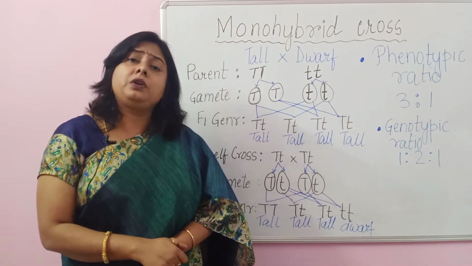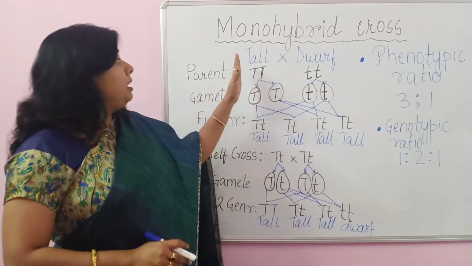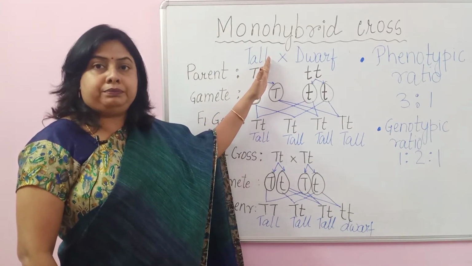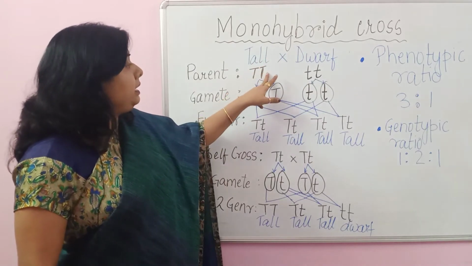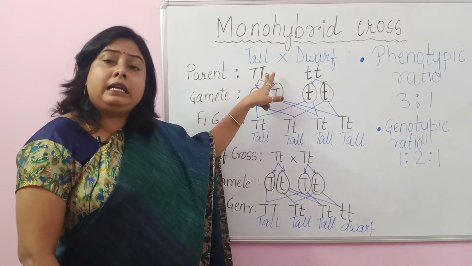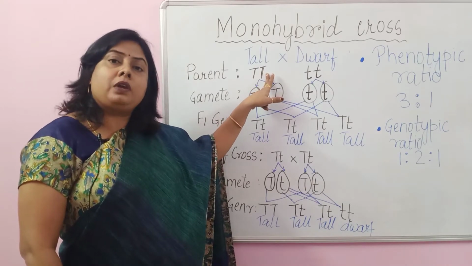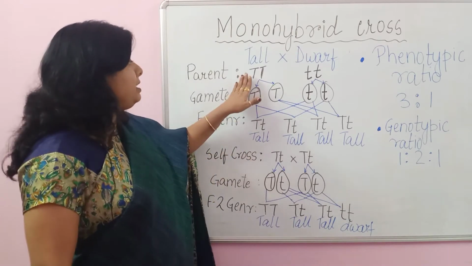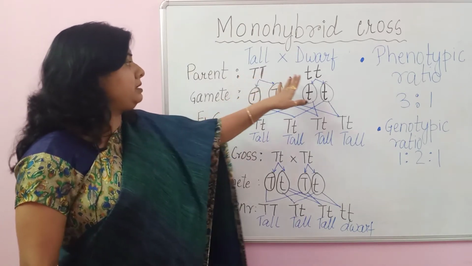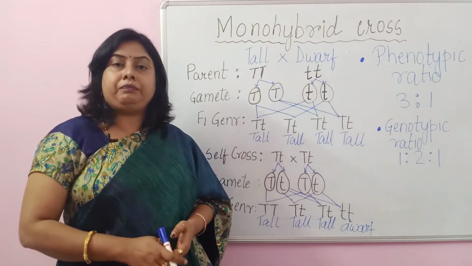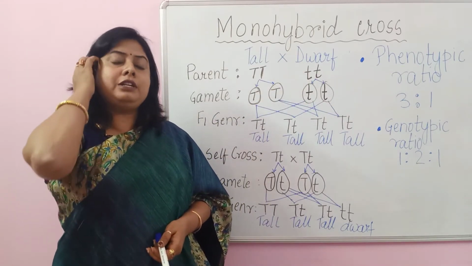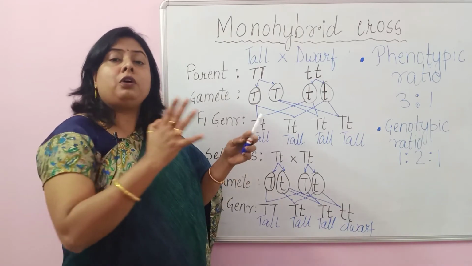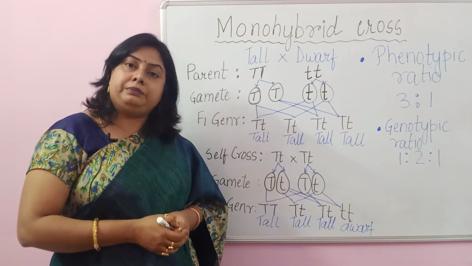Mendel said that there are 2 alleles for each character. Here, single T represents an allele of a character. These alleles are always present in pairs, and that is why I have written capital T and small t. So, a notation in genetics is developed to denote the different alternating forms of a character.